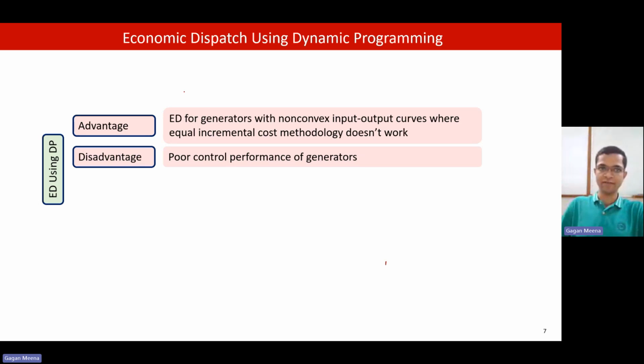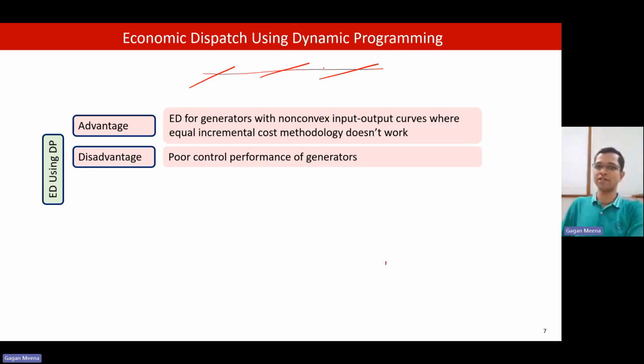Let's say we have three incremental cost characteristics. If all three are marginal, not at their minimum or maximum limit, then all three will participate in economic dispatch and we will get one solution.